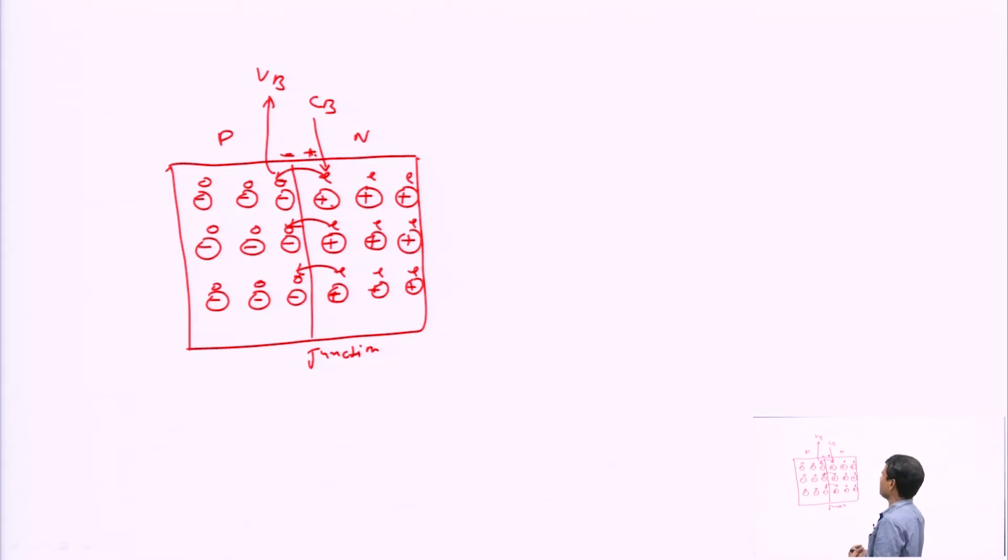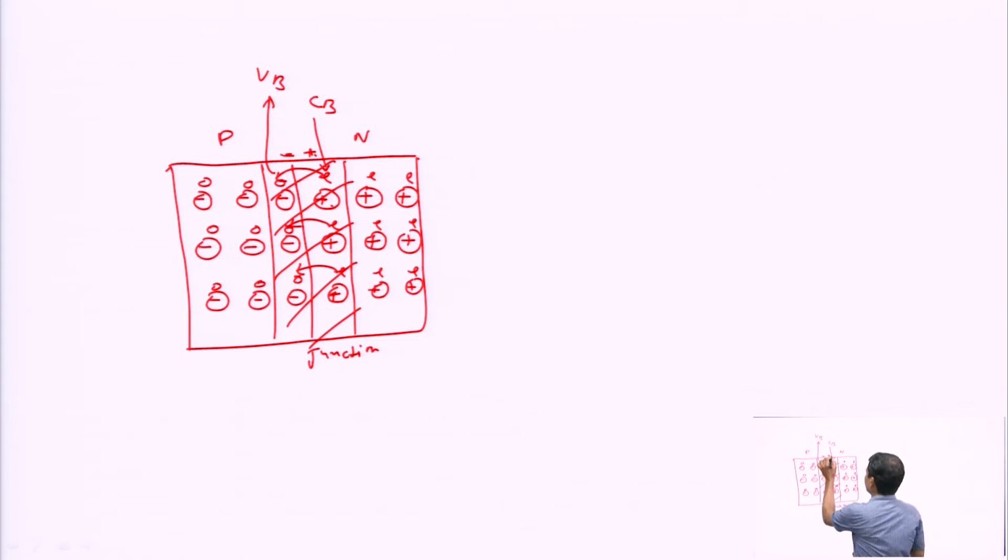At this equilibrium condition, there will be a region near the junction where no free electrons or holes are there, and this region is called the space charge region or depletion layer. Since there are no free electrons or holes, this will behave like an insulator, or you can say a dielectric medium.